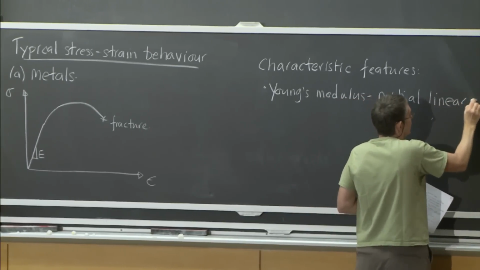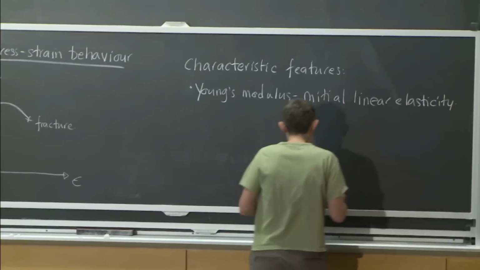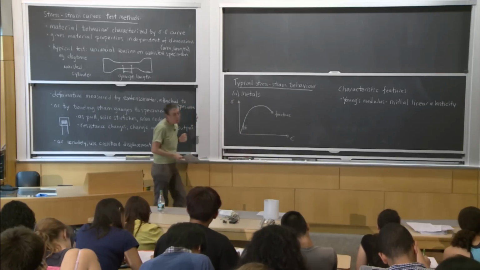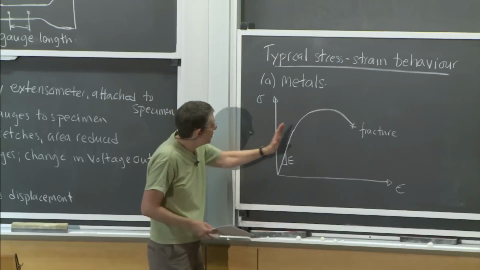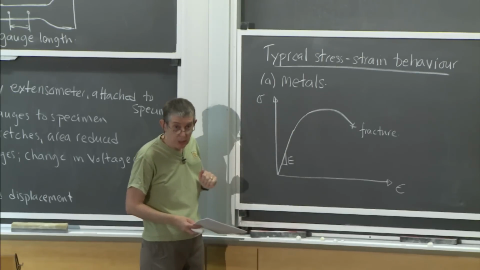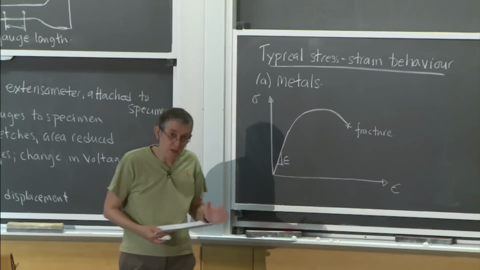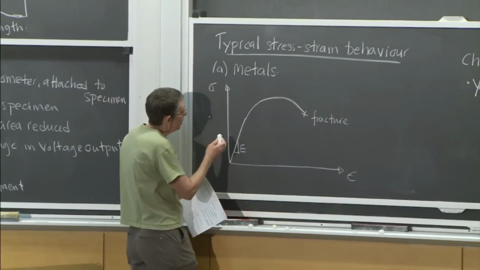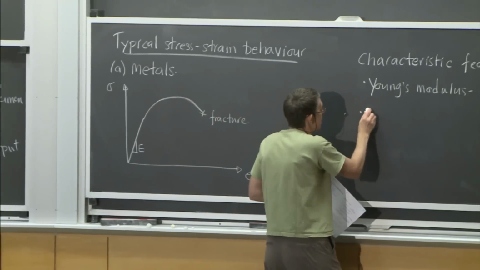So that characterizes the initial linear elasticity. Then there's some point at which the stress-strain curve becomes nonlinear, and sometimes it's difficult to figure out exactly where that point is. You'd kind of like to know where that point is. And there's kind of a way of doing it that gives you a sort of consistent way, and it's called the 0.2% offset yield strength.